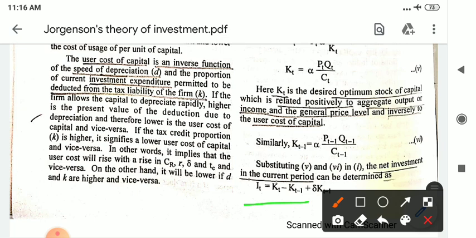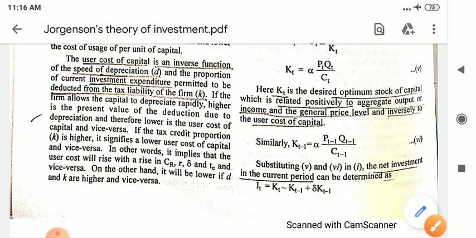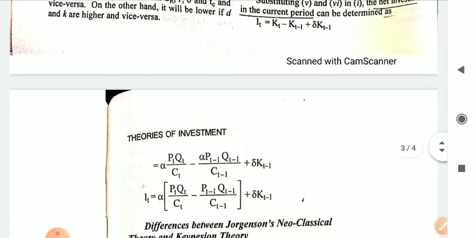This was the equation in which we had I_t, the net investment in T period, given by Jorgensen as K_t minus K_t minus 1 plus delta K_t minus 1. In this equation of the investment function, we are going to put the values of K_t and K_t minus 1. So let us see how we do it.